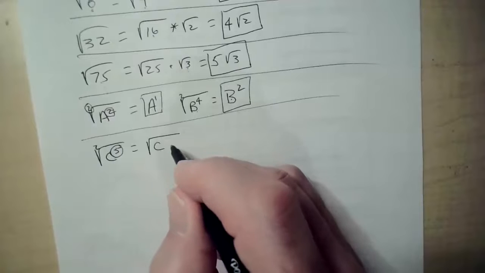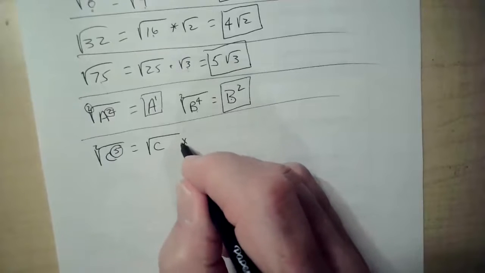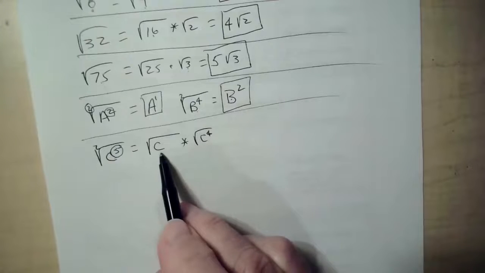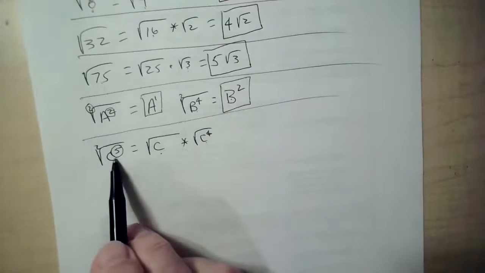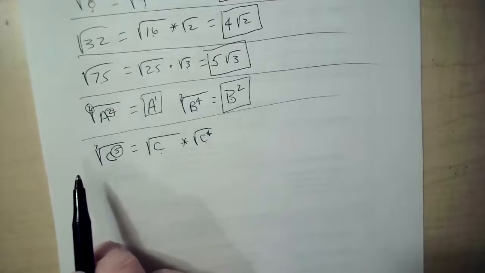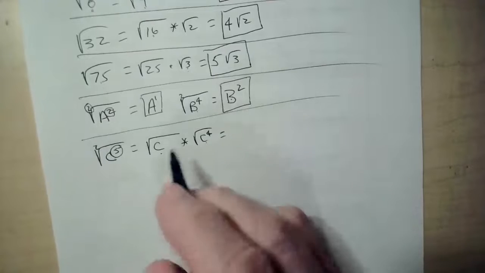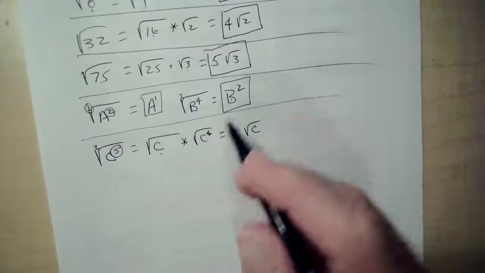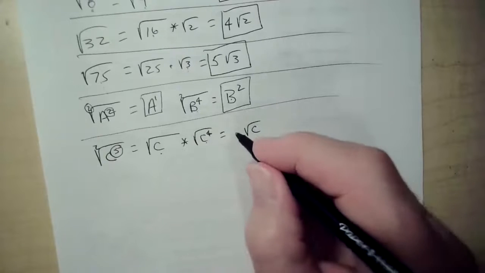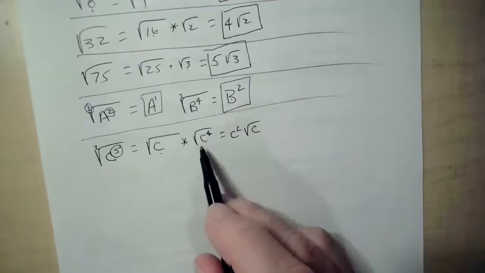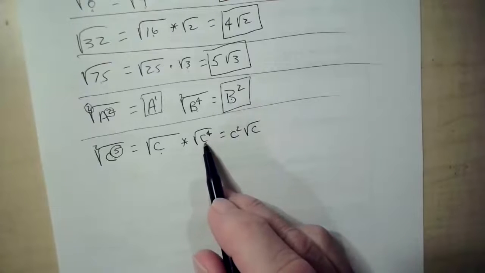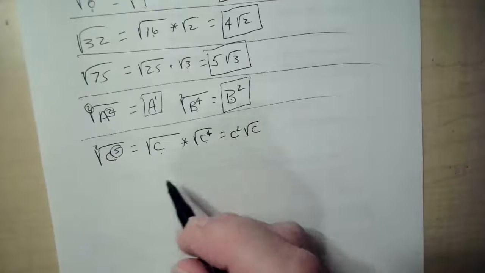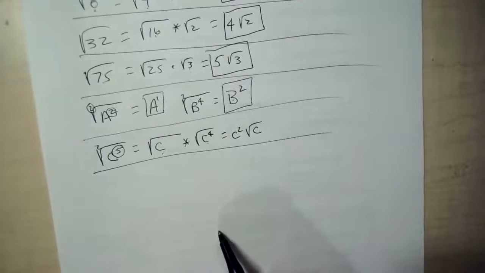So it's going to be the square root of c times the square root of c to the 4th. Square root of c times the square root of c to the 4th is the square root of c to the 5th. What's the square root of c? We don't know, we don't care. Square root of c to the 4th: once you take the square root of it, it comes out of the radical. Radical goes away.